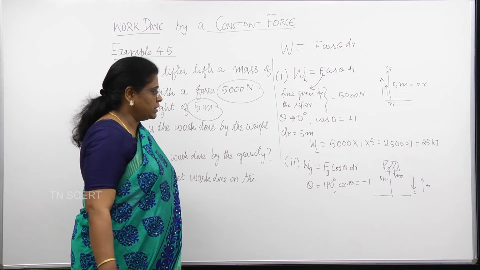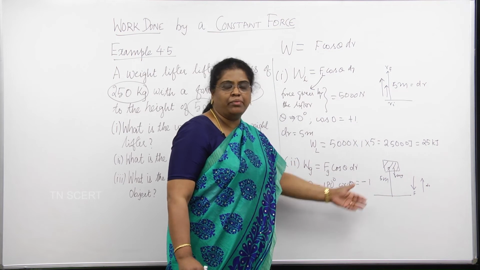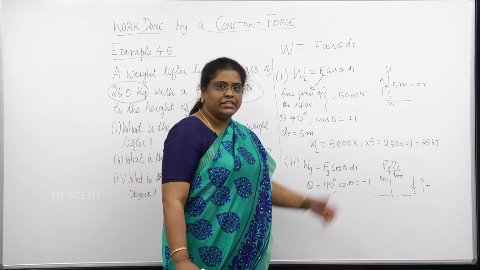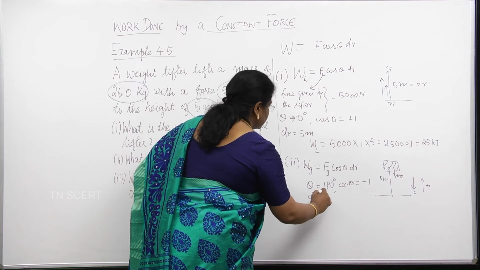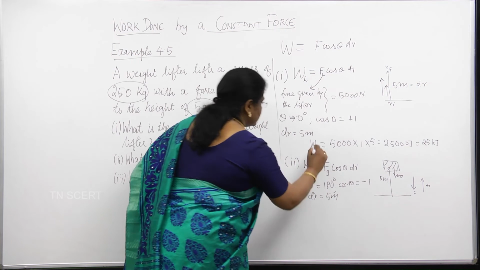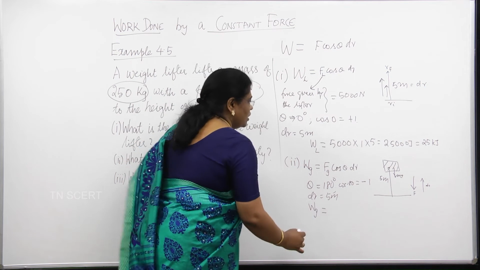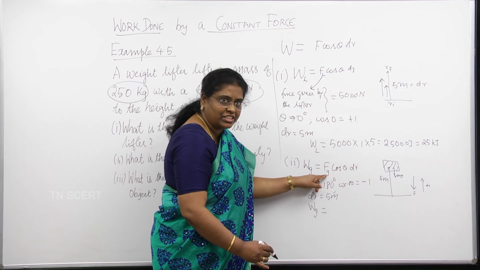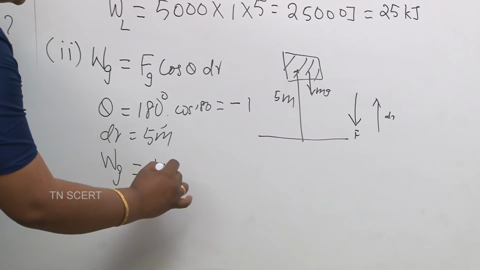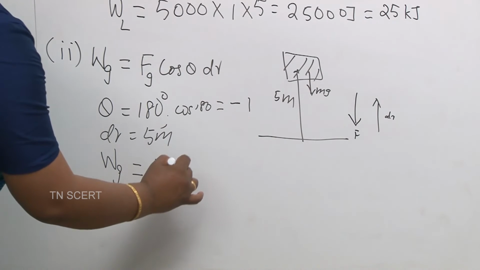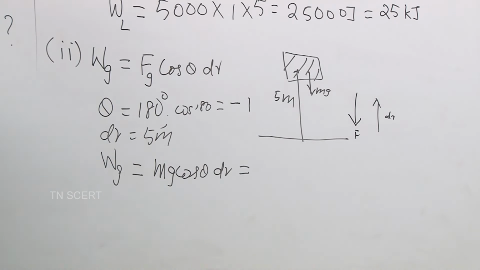What about displacement? In the same process both forces are simultaneously acting, so the displacement would be the same as the previous case, dr equal to 5 meters. Substituting, the work done by gravity, where Fg is equal to mg due to gravity, is mg cos theta dr. Is the mass given?